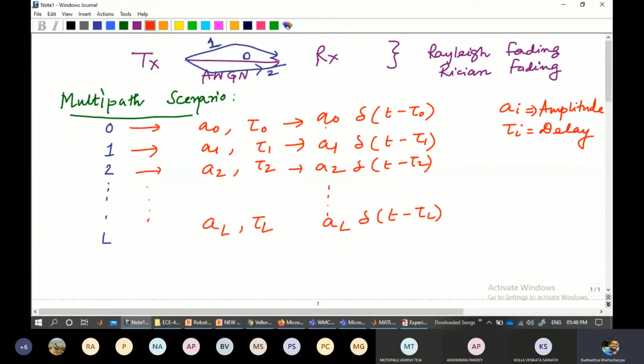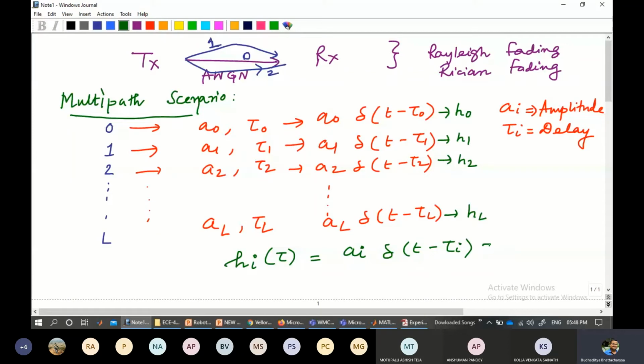If I call it by a name, sometimes this is referred to as h0, this can be h1, h2, hL. In general, h of i, which is a function of the delay, is Ai delta(t minus tau i). This is usually called the impulse response of the path.